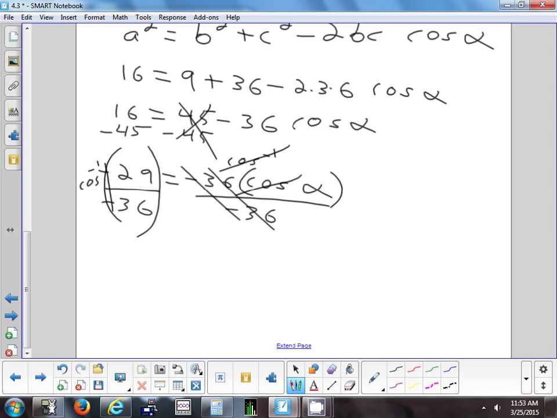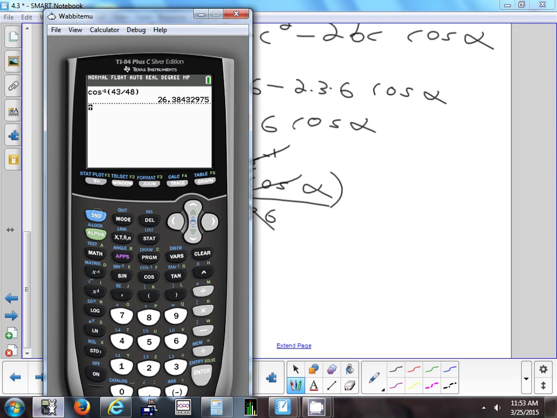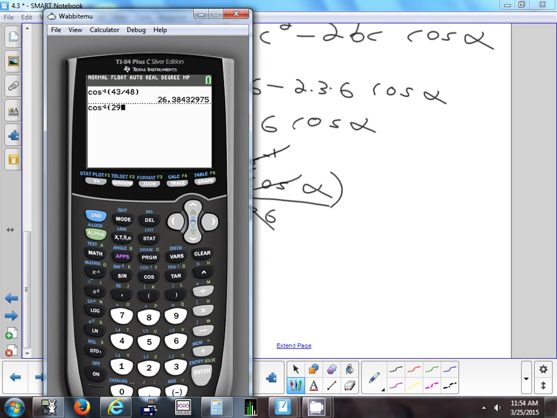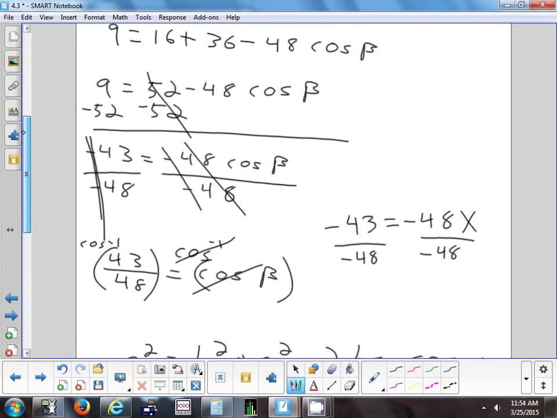Okay. But we need the inverse cosine of 29 over 36. That takes away the negative, right? Yep, it takes away the negatives because we had negative over negative, which is positive. That happens a lot of times in these problems. You have 2 negatives that cancel out. Not always, but sometimes. Okay, 36.336. And that's alpha.